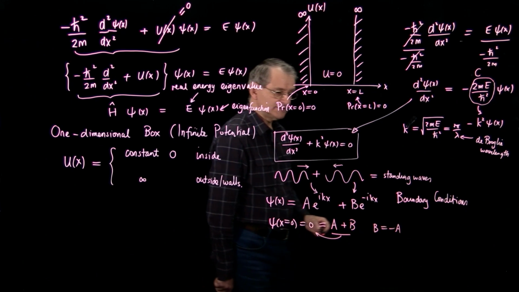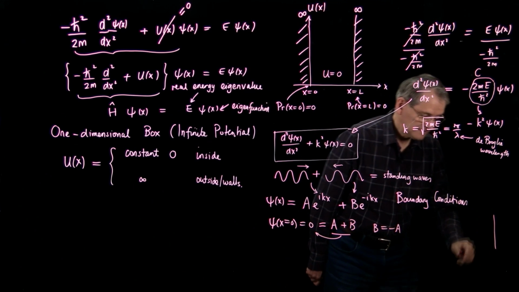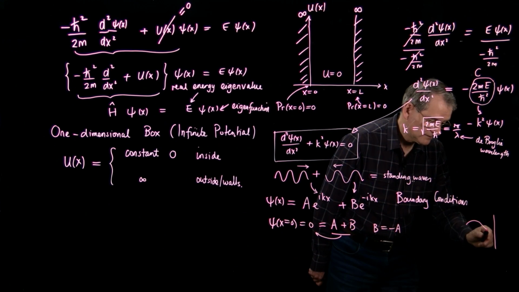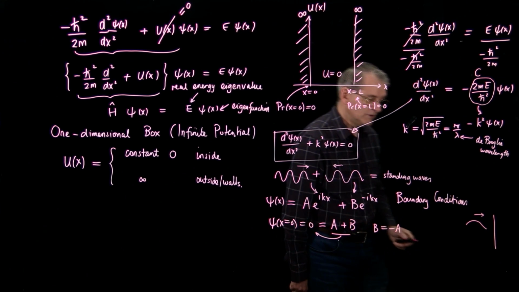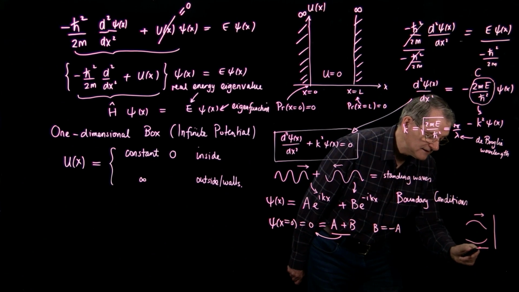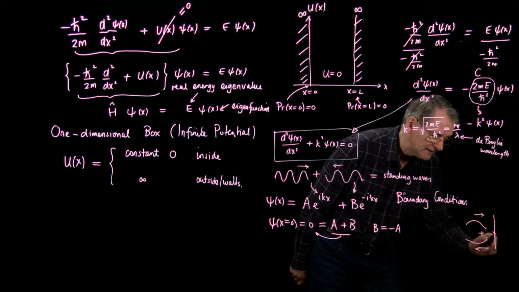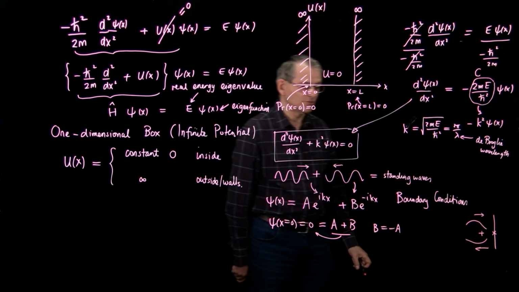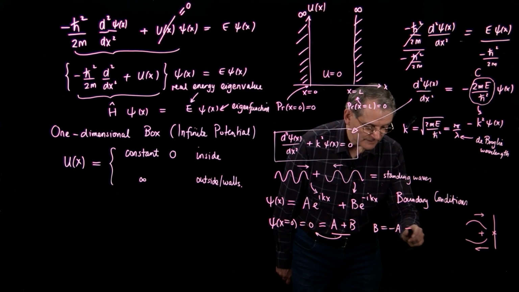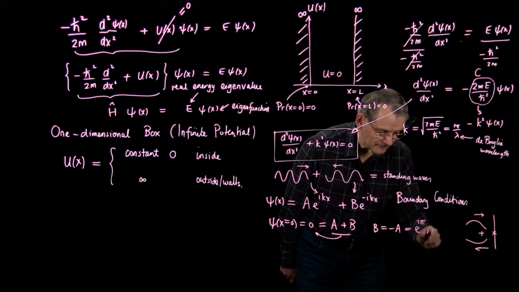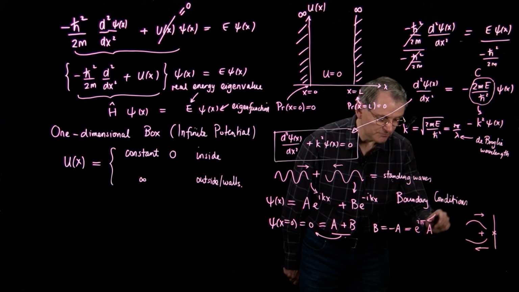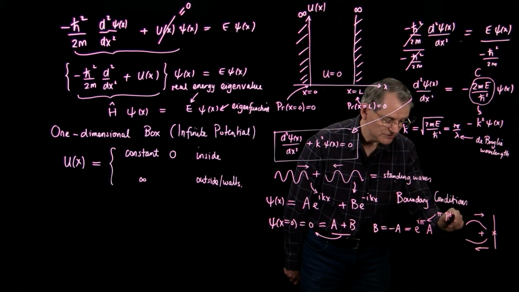Physically, what that means is if the wave comes in and sees the infinitely repulsive wall, the reflected wave must be inverted. So when I add them together, I get a node or zero probability of finding the particle there. I can write this suggestively as e to the i pi, times a. And what this means is that there's a pi phase change upon reflection.